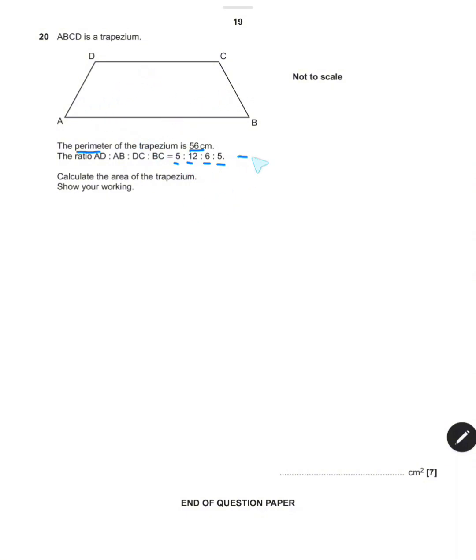So all I'm going to do first is add these ratios together. So 5 add 5 is 10, add 12 is 22, add 6, they come to 28, and I know the perimeter is 56, so I need to do 56 divided by 28, and 56 divided by 28 is 2.